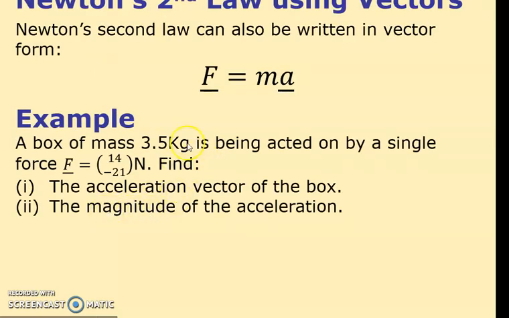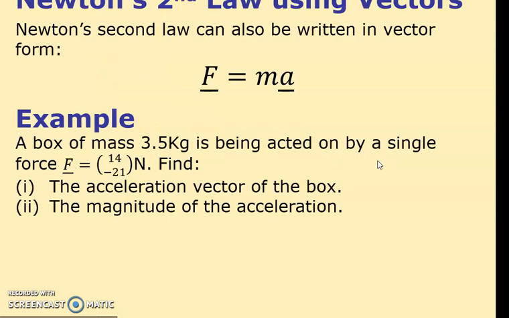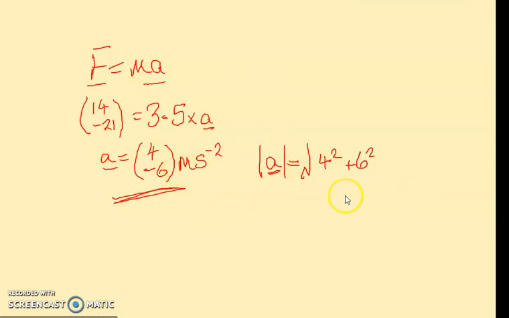The other thing I want is the magnitude of the acceleration. You might remember from normal pure maths, not this mechanics maths, that you find the magnitude of a vector by doing the square root of 4 squared plus 6 squared. Or have I done that wrong? No, I've done that right. I was worried about my signs then.